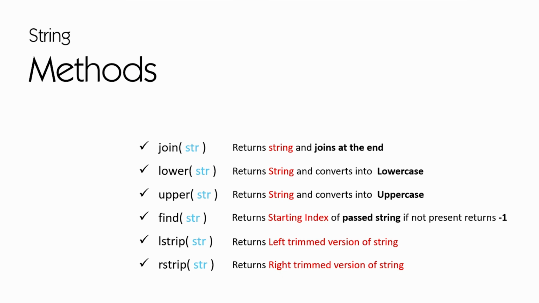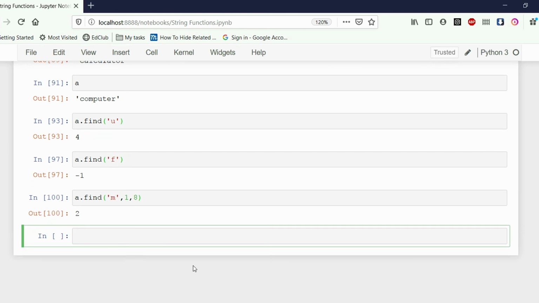Next, lstrip returns the left trimmed version of the string. rstrip returns the right trimmed version of the string. Now let me take my example of Mississippi.lstrip, which means it starts trimming from the left hand side.